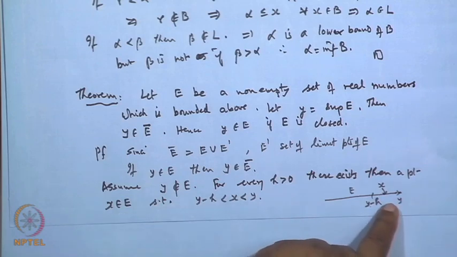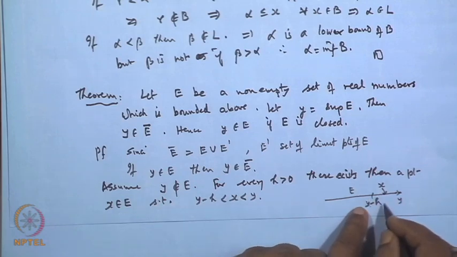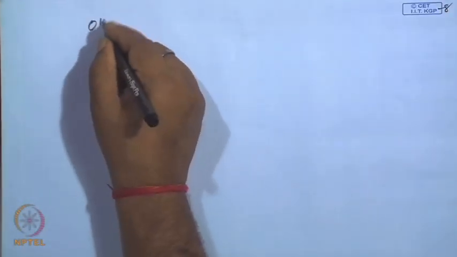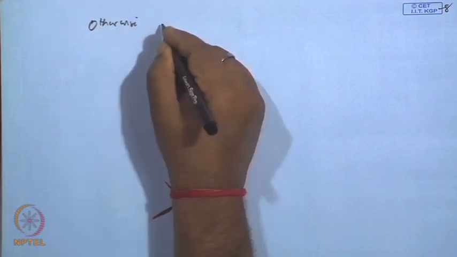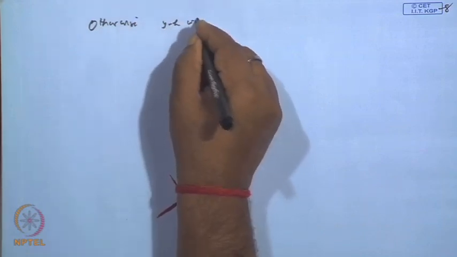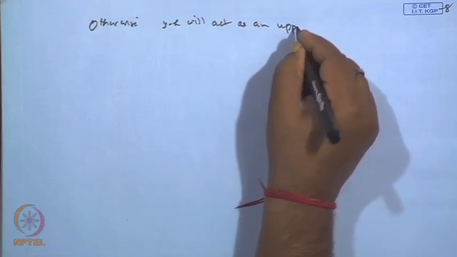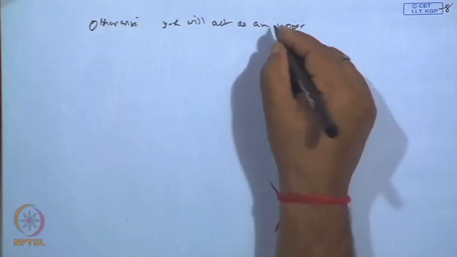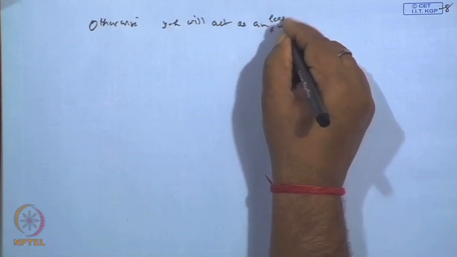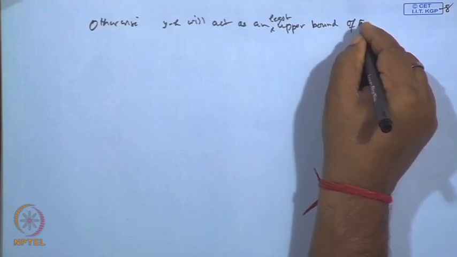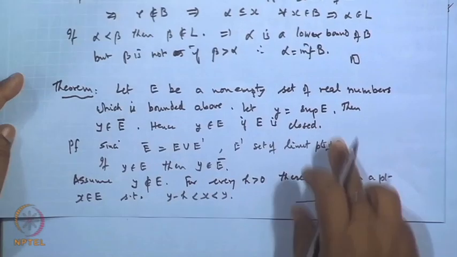Otherwise, y minus h will behave as an upper bound for E, and this would be the least upper bound for E, which is not true, because y is given to be the least upper bound.